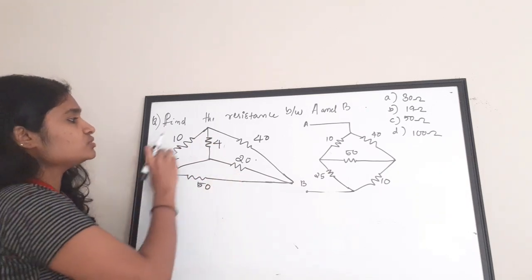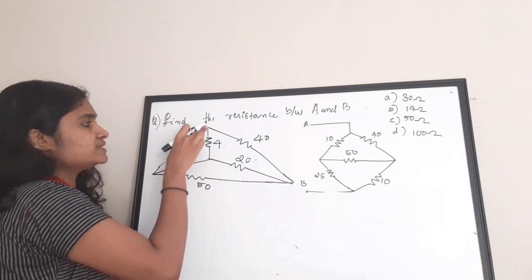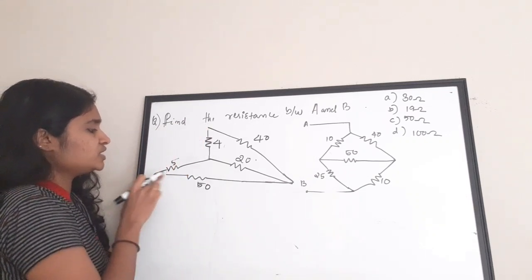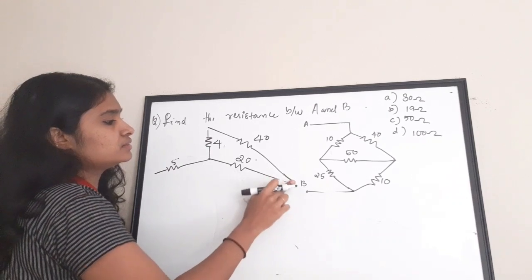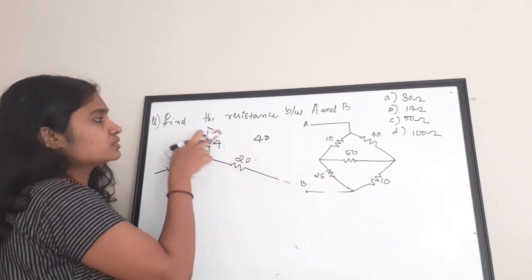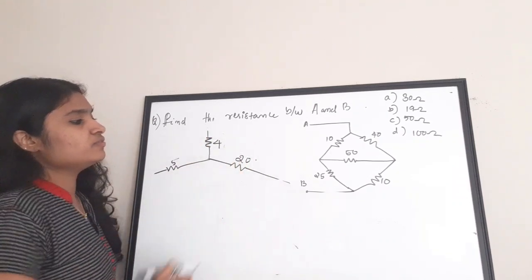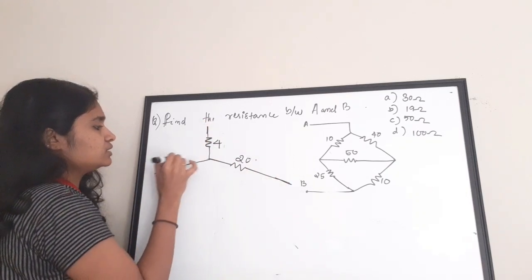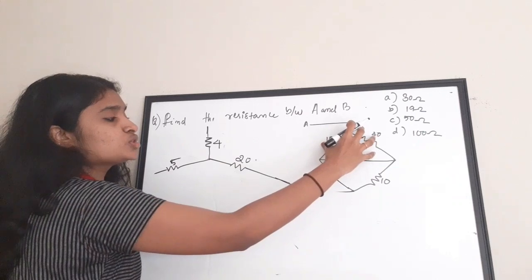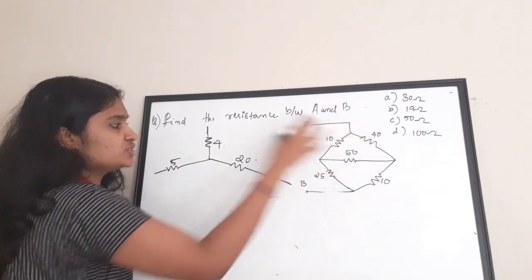Okay, so I'm going to remove the delta first because I've obtained my Y. I've removed the delta here also. So this is my Y connection now, right? So I've changed the top portion of the circuit or the connection like this.